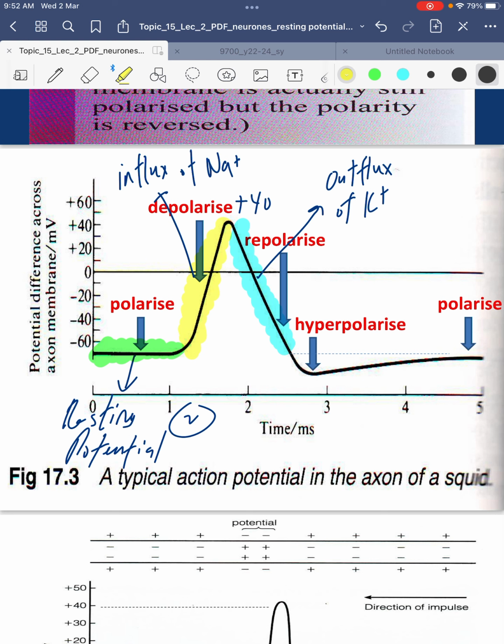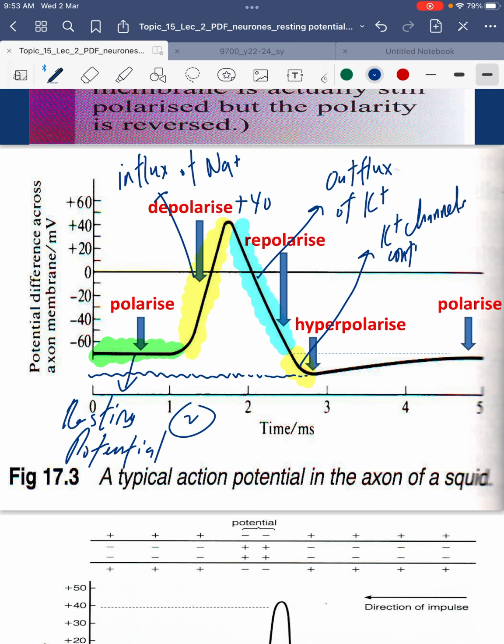And now the next one is this one here. Why does it go beyond minus 70? If you measure this part, it is actually beyond minus 70 millivolts, meaning there's an overshoot. Why? This overshoot is because the potassium channels continue to open.